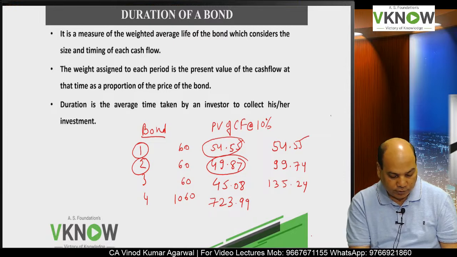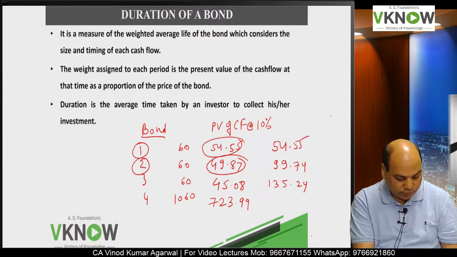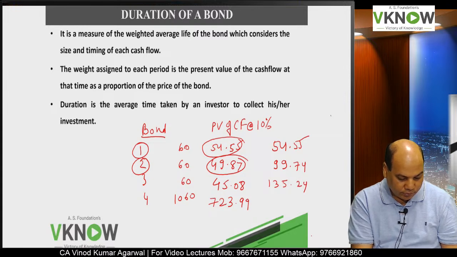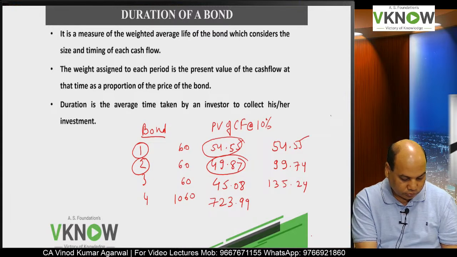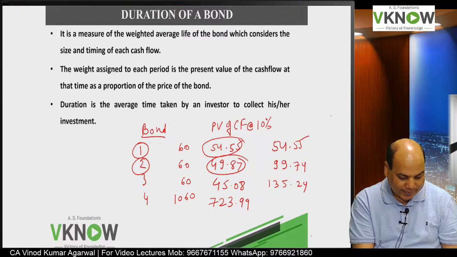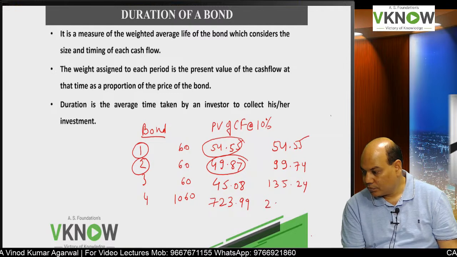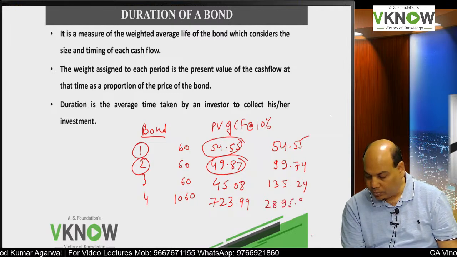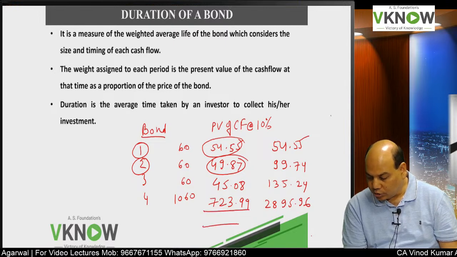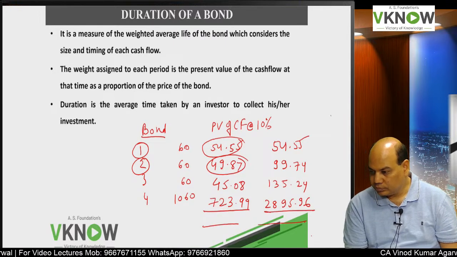So 135.24, and the last one is 4 into, since you are not helping I have to do myself. Last one is 2895.96, something like this. Then you will take the total of these two columns.